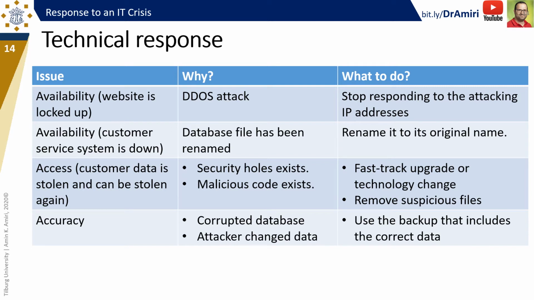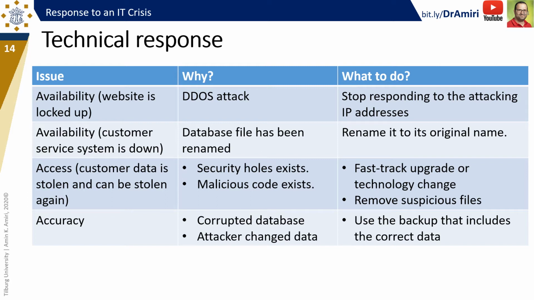The next issue was that the IT department was afraid that customer data was stolen and could be stolen again in future. There were some security holes in the network of IVK, and the IT department was also afraid of malicious codes being left by the attacker on the computers.